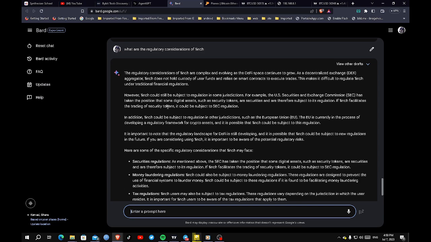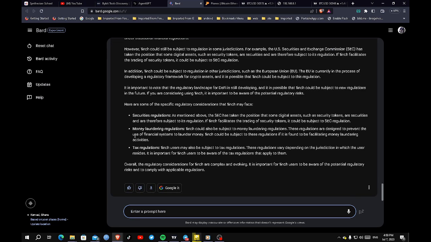So regulations in jurisdictions like the US SEC. Some of the specific regulatory considerations that 1inch may face are securities regulations, money laundering regulations, and tax regulations in certain jurisdictions.